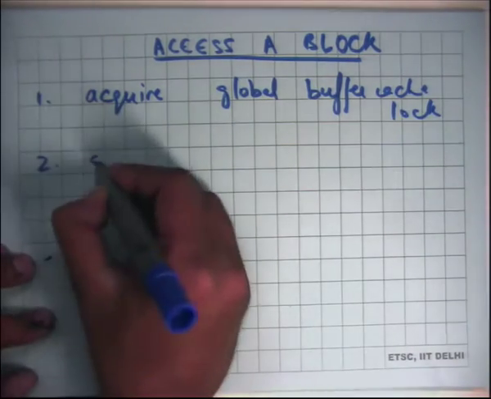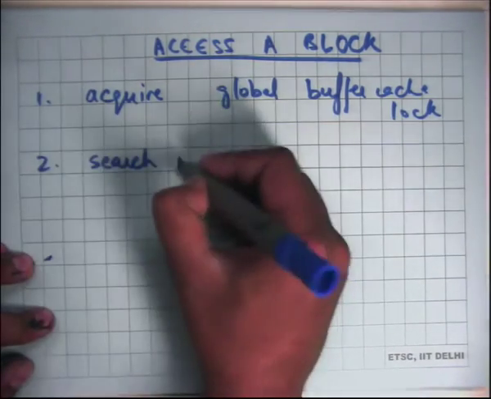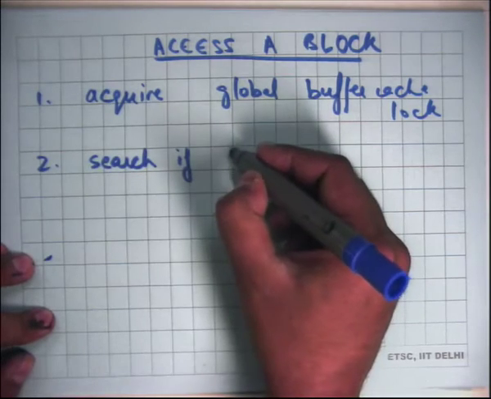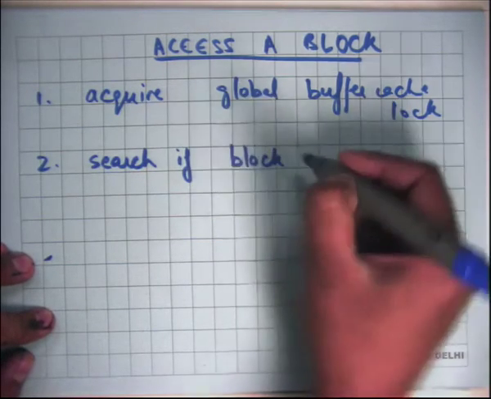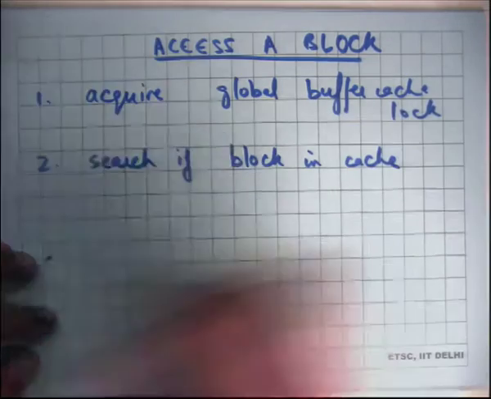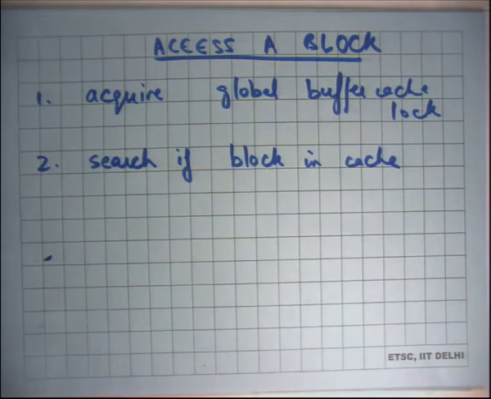Search if the block is in the cache, right. So this is likely to be a fast operation. All you need to do is memory accesses to figure out whether the block that you're looking for is already in cache or not, right.